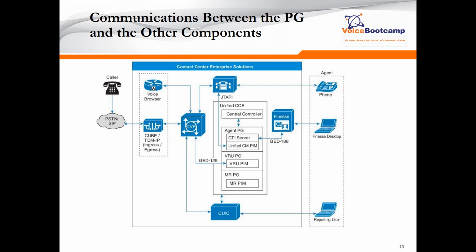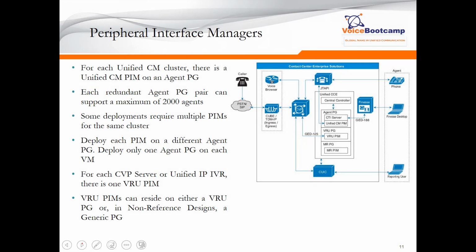Now, the next topic will be the communication between various components with PG and the various components. So in order to communicate with UCCE, so this is your UCCE solution right there, the red box is a UCCE, and in order to communicate with that, the peripheral, such as here, they need to communicate with a device called PG.